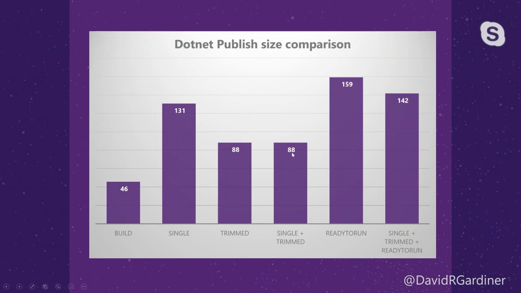The single exe and trimmed was about the same. If I went to ReadyToRun, so it's doing the ahead of time compilation and generating native code as well, we went up to almost 160 meg. And then if I trim that back down again, we got down to 142. So it gives you a bit of an idea. Obviously, it's going to vary on your application how much difference the trimming is going to make. But it's a bit of a perspective on some of those different options.